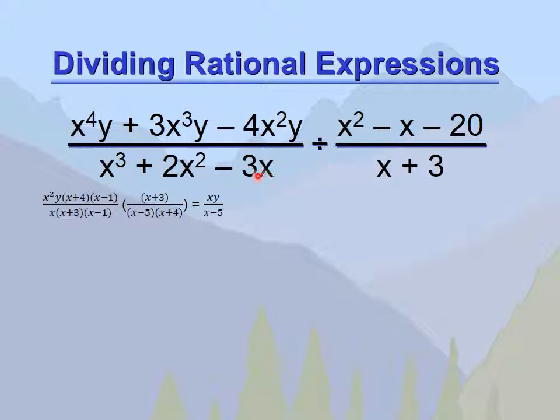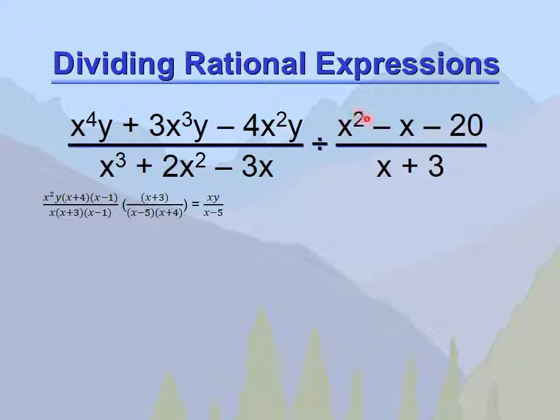For my denominator, I can factor out an x first, leaving me x squared plus 2x minus 3. And then when I use my box method, I get x plus 3 times x minus 1. Remember, I'm going to change my division to multiply and flip this, so x plus 3 is going to go on top.